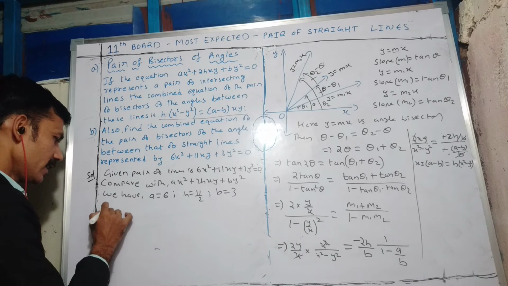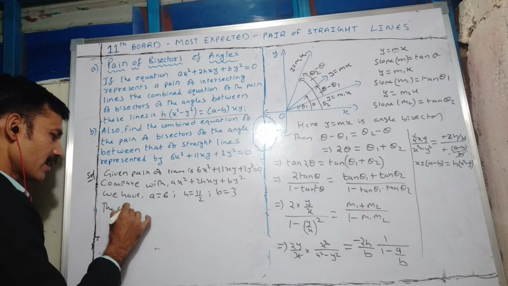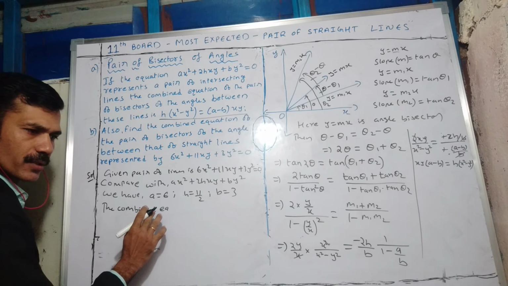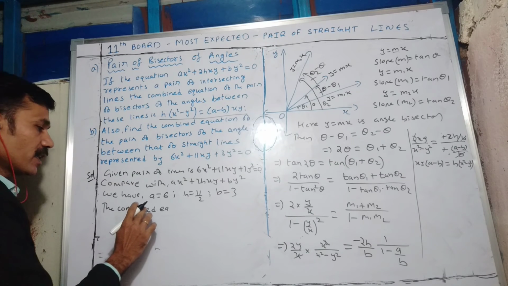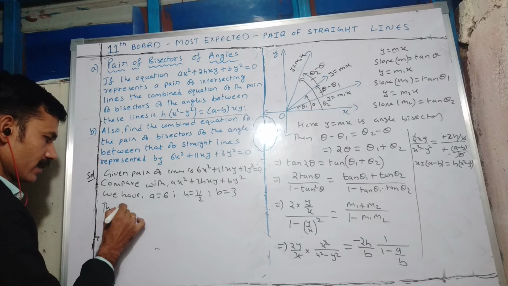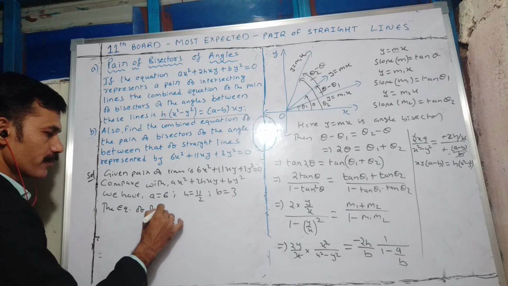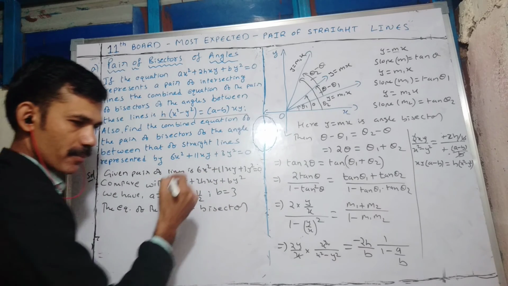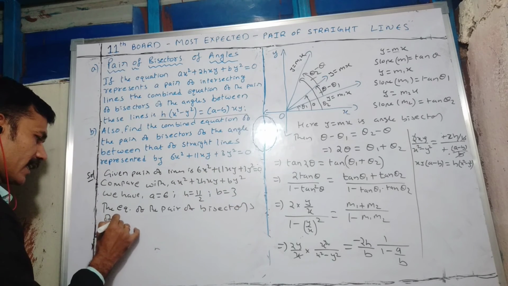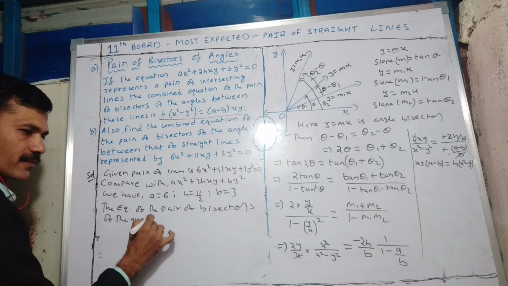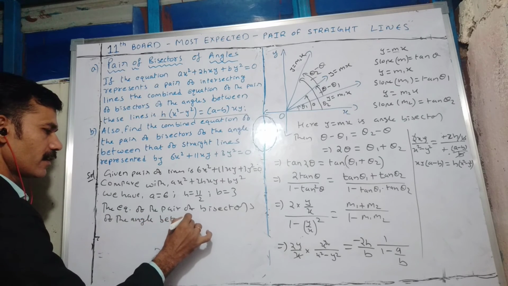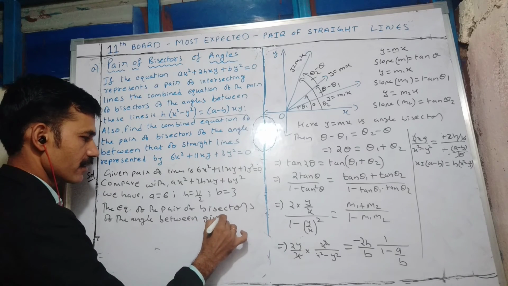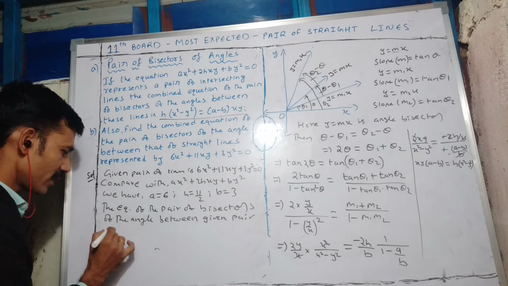We have to find the combined equation of the pair of bisectors of the angle between the given pair of straight lines.